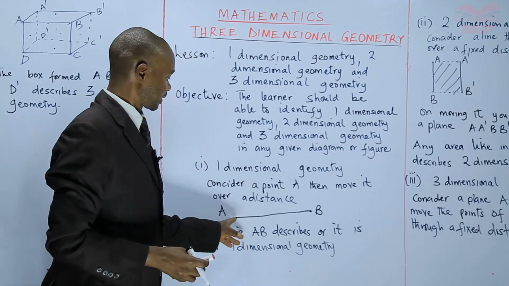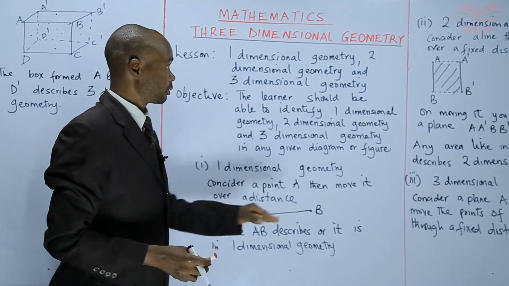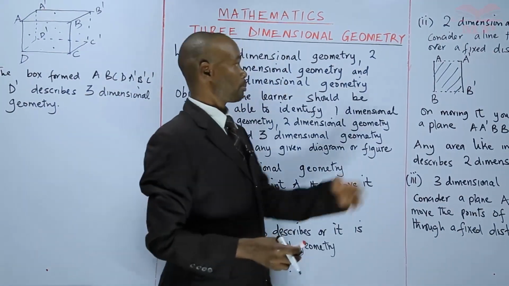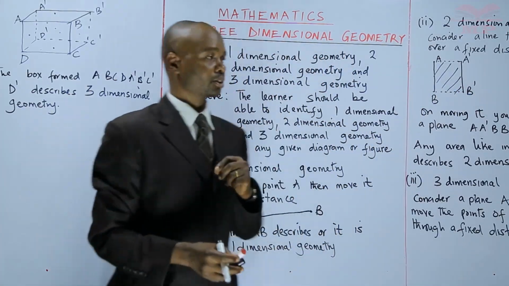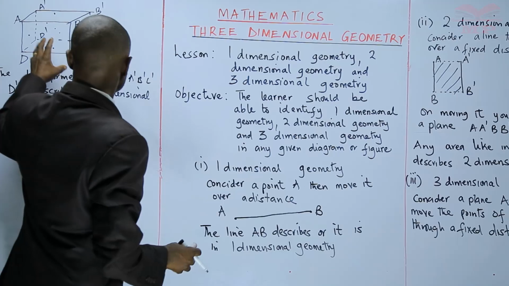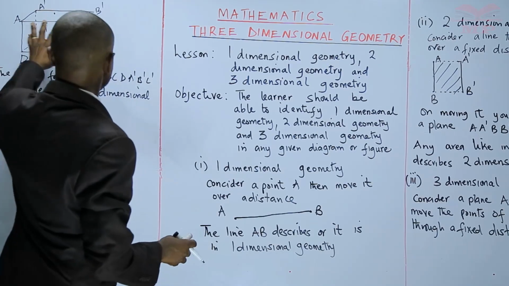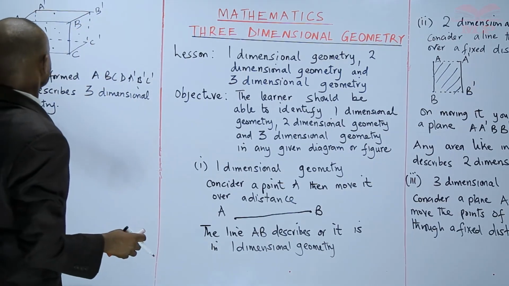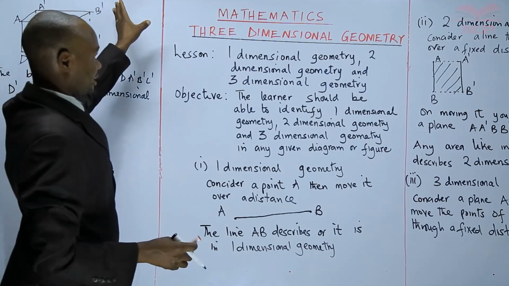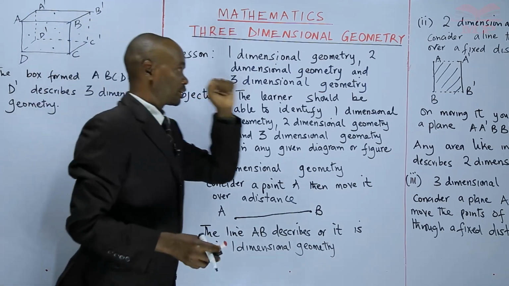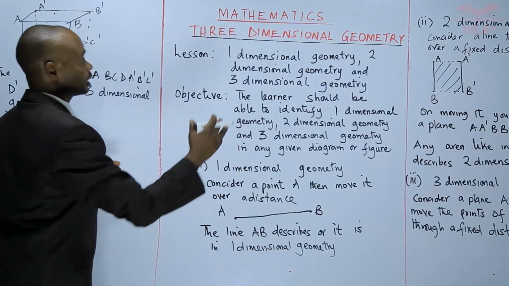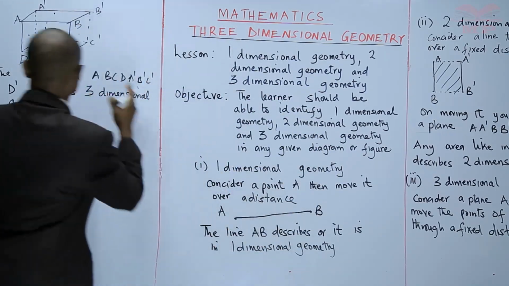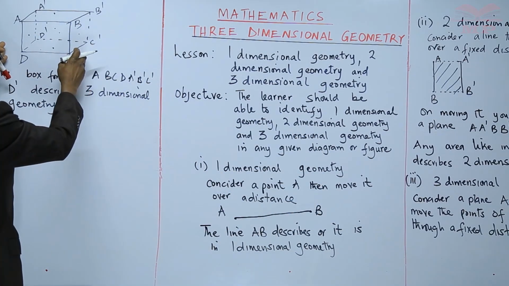A line in the beginning described 1-dimensional geometry. A plane or an area described 2-dimensional geometry. A box formed by moving a plane through a fixed space will give 3-dimensional geometry.